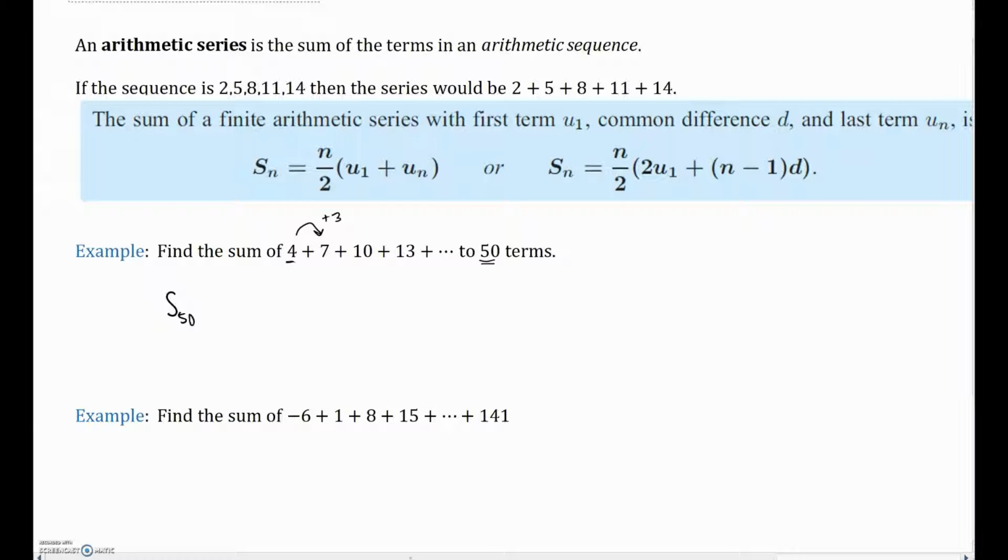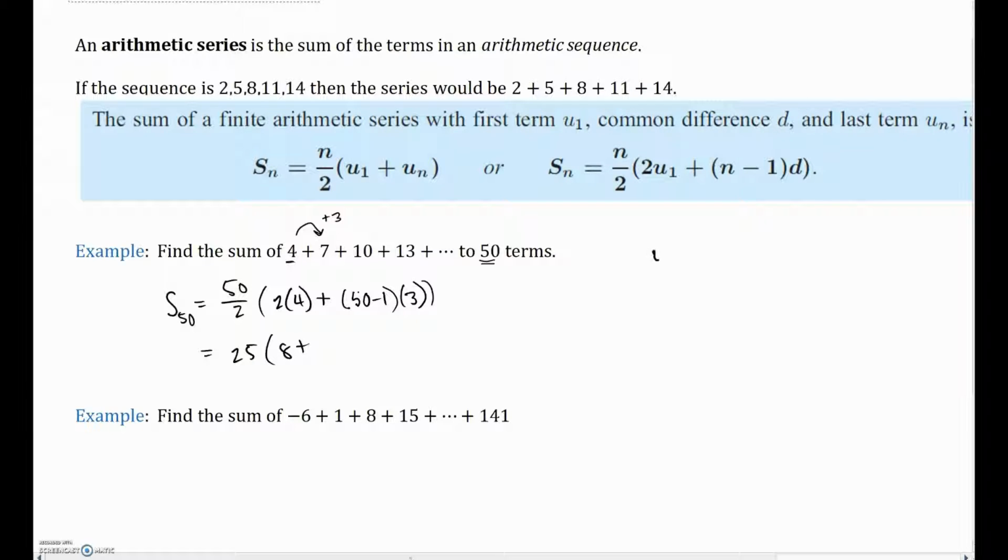So the sum of the first 50 is equal to 50 terms over 2. Now I need 2 times the first term. So 2 times 4 plus n minus 1. I know n. It's 50. 50 minus 1, times d, which is 3. So I got 25 times 8 plus, what is that, 49 times 3?